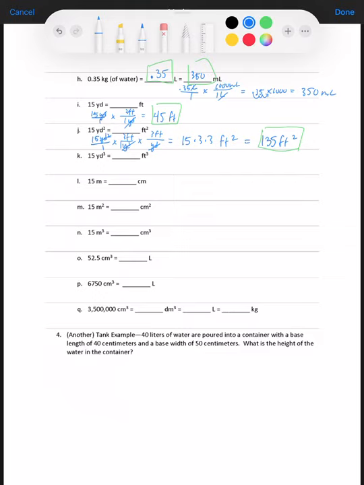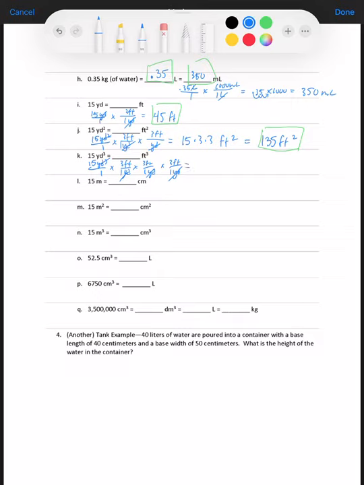Okay, now I'm going to do cubed. 15 yards cubed over 1 multiplied by, well, 3 feet for a yard again. But I need to do another conversion factor and another conversion factor, because I have 3 sets of yards in the numerator that I need to cancel with the denominators. And we do 15 times 3 times 3.